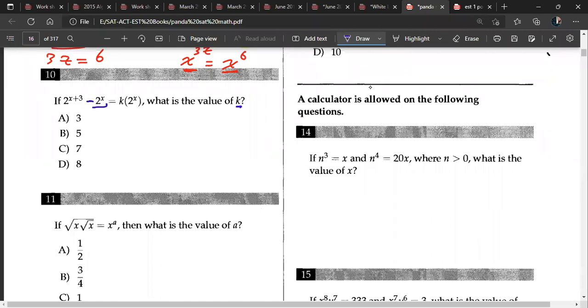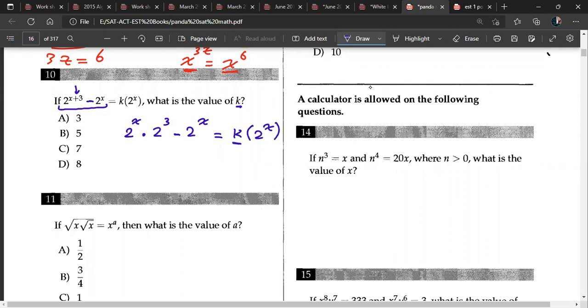You start solving from this part. You can say 2 power x multiply 2 power 3, because we have addition between the powers, so you can separate it by multiplication, minus 2 power x. This part equals the right side, k multiply 2 power x.